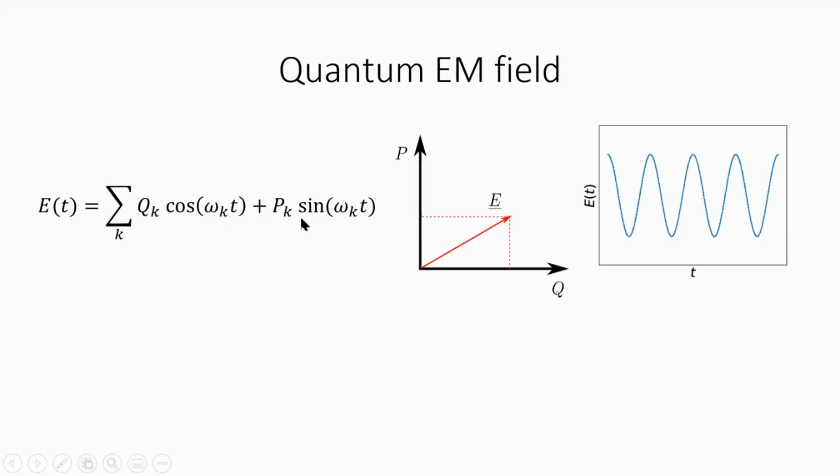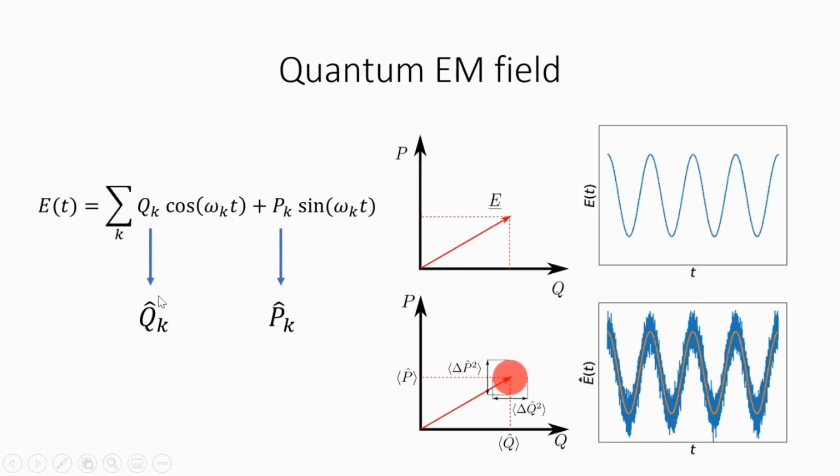It's just Q and P, and they can be seen as the real and imaginary parts of the complex field. Now, in the quantum description, those variables don't have definite values. They can take several values, and so they are promoted to operators. The main consequence of this is that there is intrinsic variation in the measurement of those observables, and that results in some intrinsic noise in the electric field, if you wish.